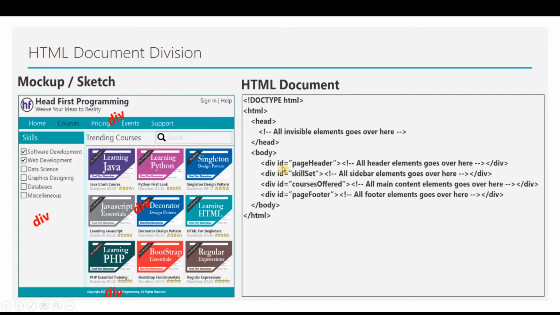So the other way to enhance the semantic meaning of the elements defined on the page is by making use of the class attribute. This attribute enables us to define the same value for multiple elements to indicate the fact that they all represent the same kind of contents.